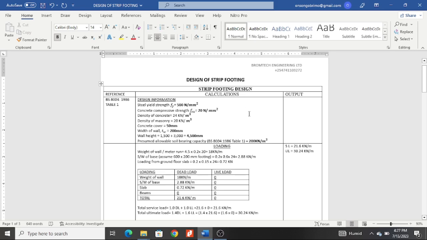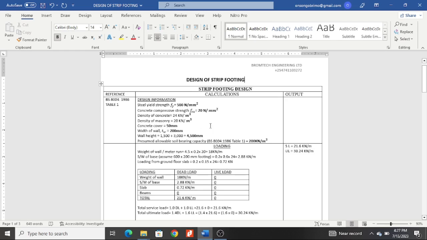And then for concrete compressive strength, you select depending on the class of concrete you want to have. For these I have decided to use class 20, and in some cases you could use 25 or 30. So for this project I have just decided to use 20.